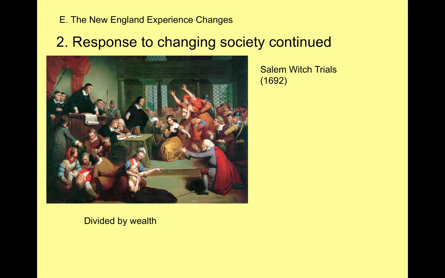People are already feeling tense about their changing society, and so this witch trial allows them to express some of their fears, and it just manifests, and more people already on edge because of the changes in society think, wow, this must be caused by all the witches and the warlocks in our society.